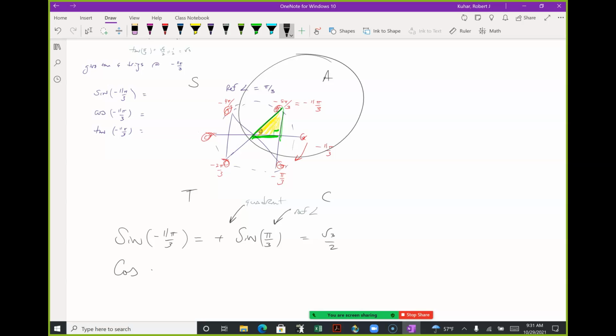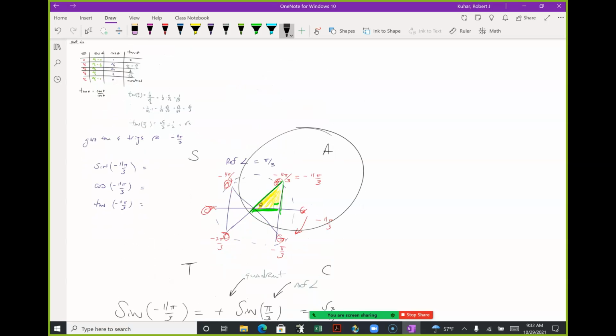So cosine of minus 11 pi over 3 is positive. Cos of pi over 3 is 1/2. And tangent of minus 11 pi over 3 is positive tangent of pi over 3, which is rad 3, right? Is that right? Yep.